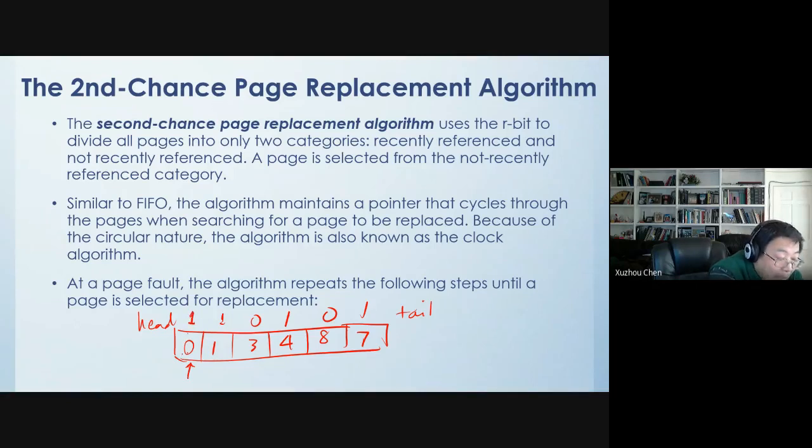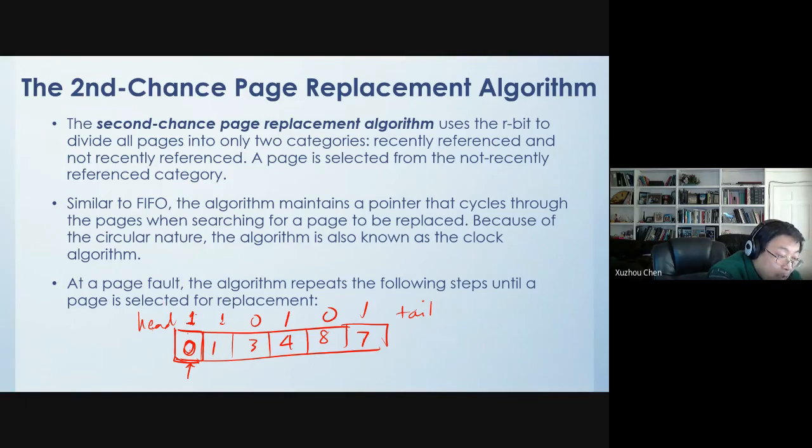In that case, if page replacement happens, the algorithm checks the page at the head and also checks the reference bit. If the reference bit is 1, I'm going to say, even though page 0 was the oldest page, it was recently accessed. So I'm not going to replace it. I'm going to give page 0 a second chance.